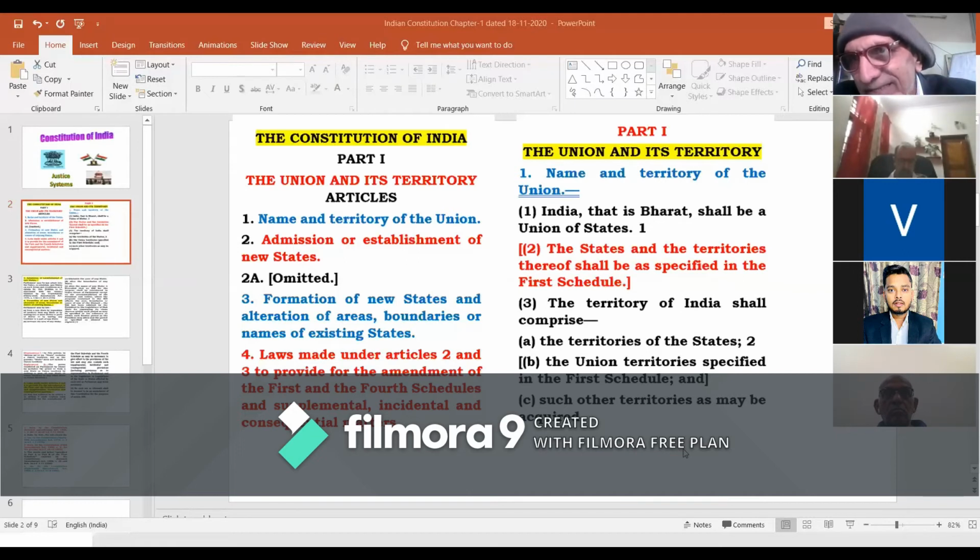It is in this context that we have to appreciate it when it is said India is a land of Vedas. India is a land of Vedas is a phrase which is parallel with India, that is Bharat.